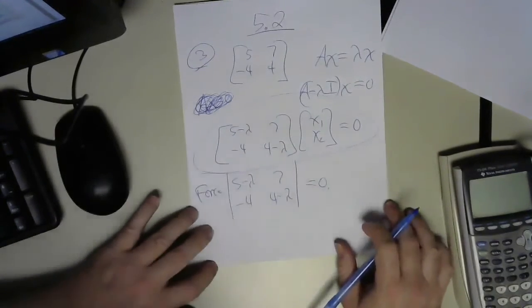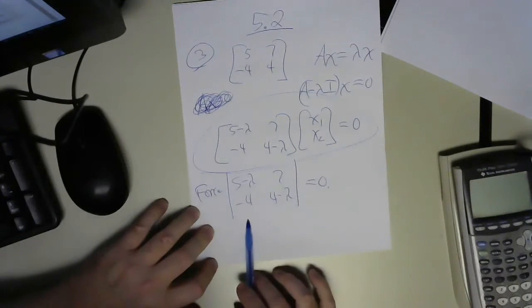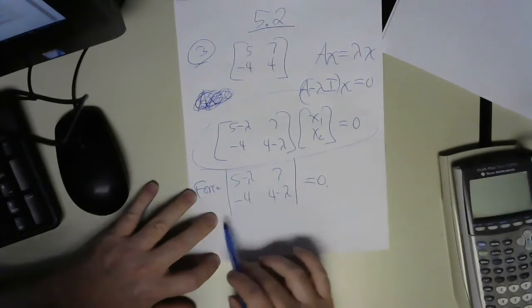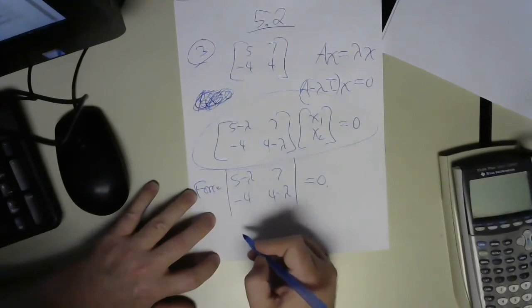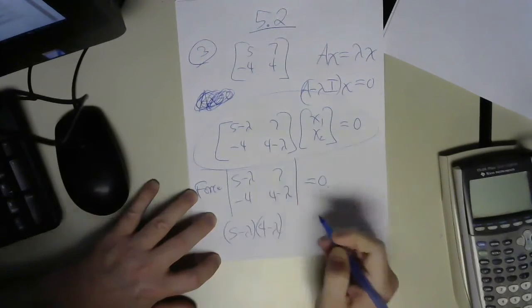And the characteristic polynomial is just this determinant expressed without the absolute value bars. So this is a 2x2. It's kind of easy. Just this minus this, that's the definition of the determinant of a 2x2. You just have to take that guy and simplify it a little bit.